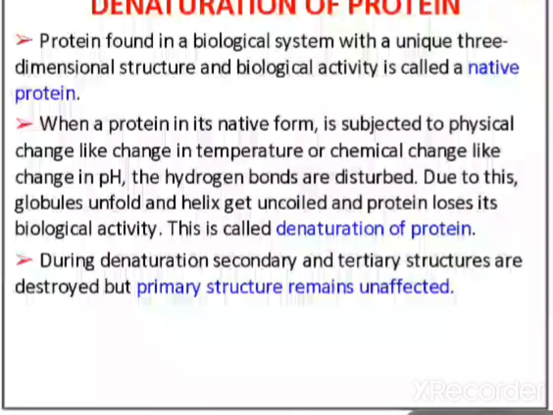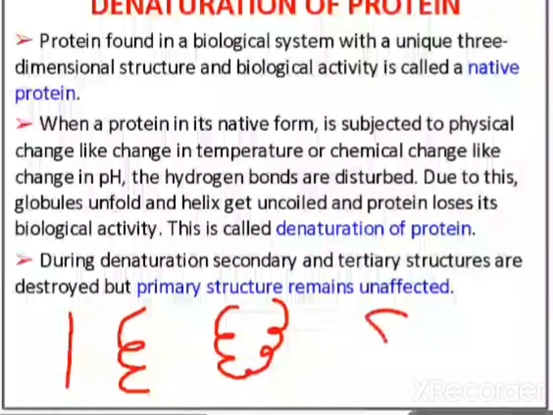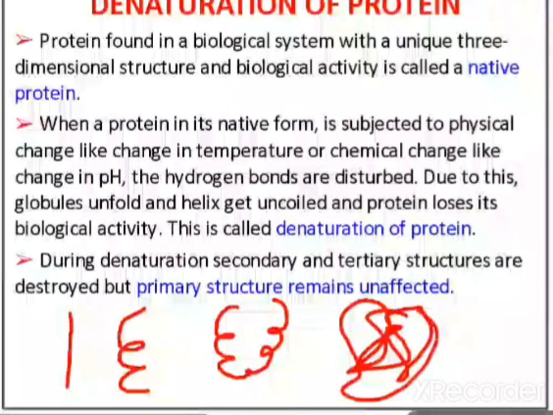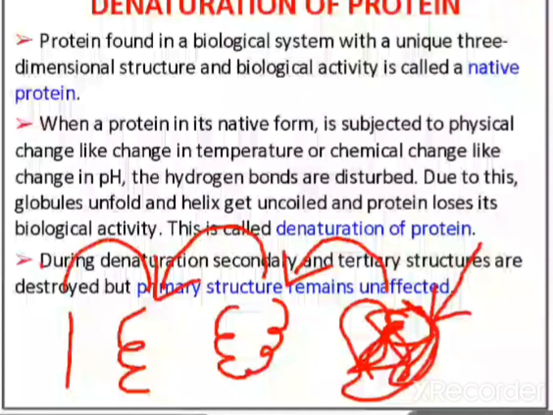It means, see now, this is primary, this one is secondary, this one is tertiary, and this one is quaternary. So if we change the pH or the temperature, it will convert into this one, again into this one, again this one. So what can we conclude?